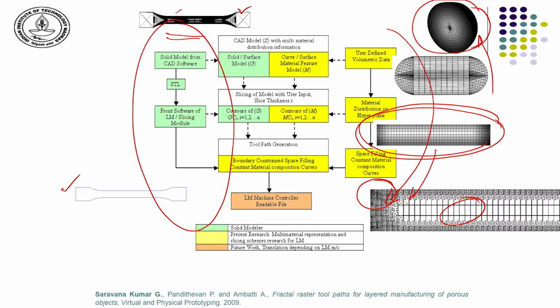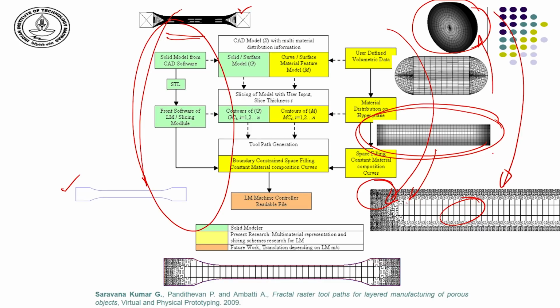So, we have a geometric model, along with that we have a volumetric description of how the material heterogeneity should be there, and combining these two one could create parts which are heterogeneous, and such a modeling framework can be used to design and optimize heterogeneous objects.